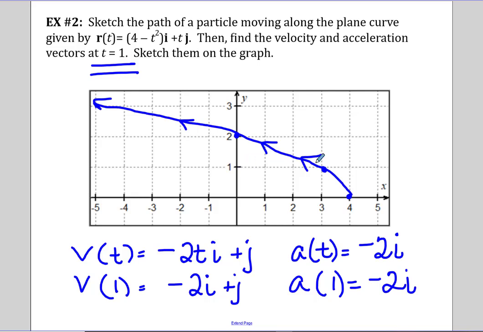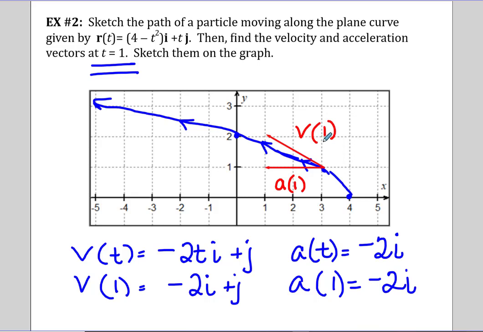So when time is 1, we've got 2 and up 1, and the velocity, we've got negative 2 in the i direction. So this is acceleration at 1, and this is velocity at 1, not the straightest line.